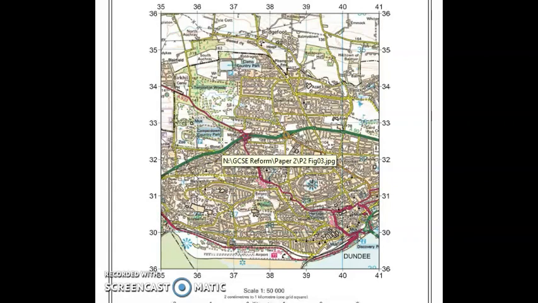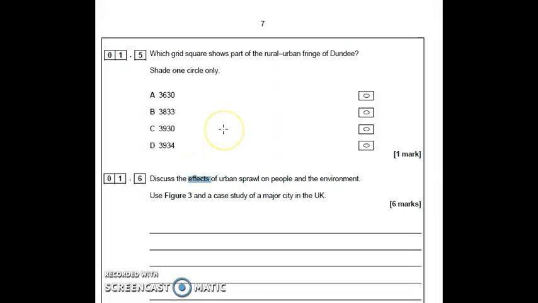In terms of the negatives for our case study, we've looked at the development of the Field Farm site in Stapleford. So this is where you can go down the environmental route. And you can say that lots of fields have been dug up, lots of hedgerows have also disappeared for this new housing development to be put in place.